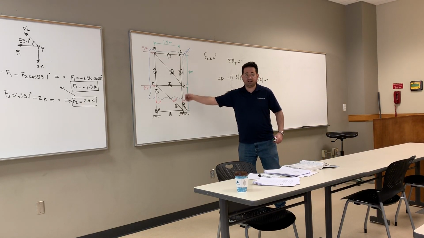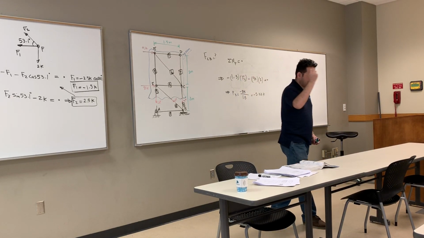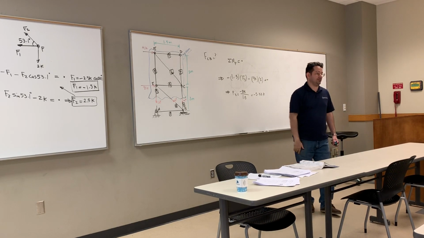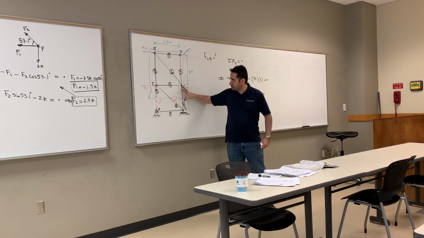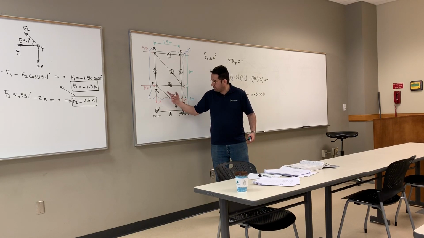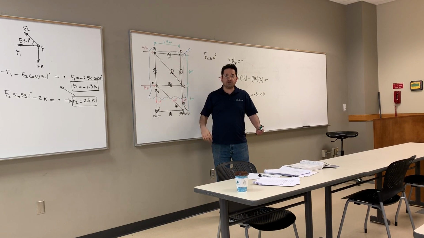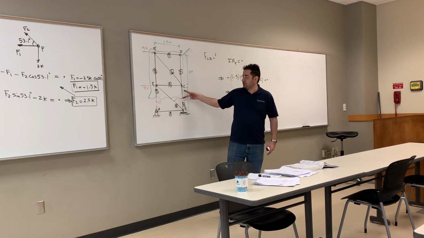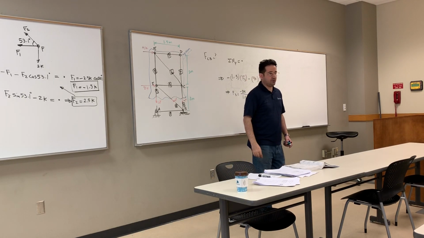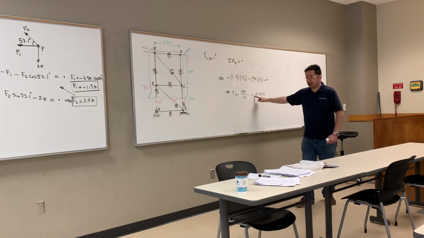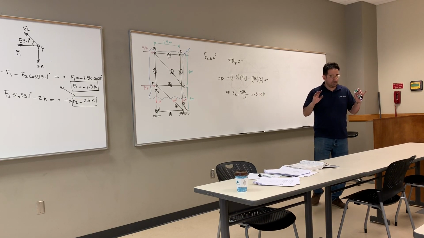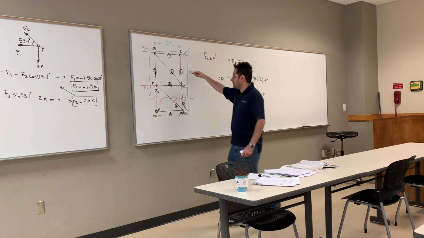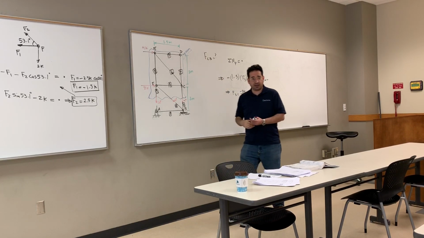Sometimes it's just misleading. The intuition that we have about the structure is not the actual reality. But in the simple case here, it's just so obvious. This member should be compressed. Maybe I don't know about this member. Maybe I don't know about this member. But this member should be compressed. That's what I know. So I get a negative sign. So I'm probably fine. But if it was positive, I have to come back and check my calculation.